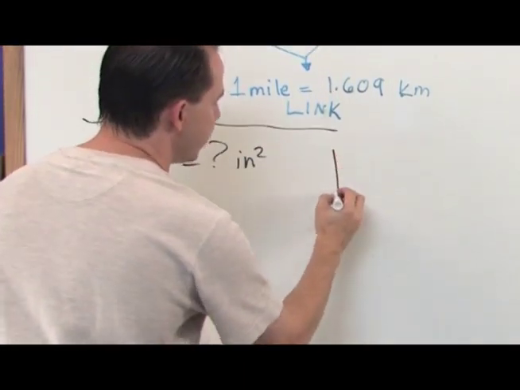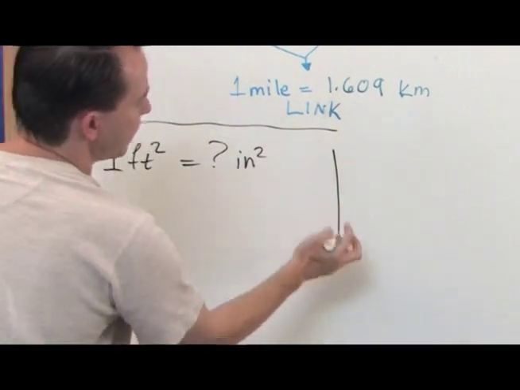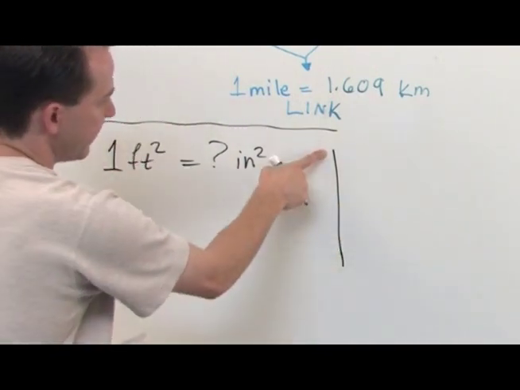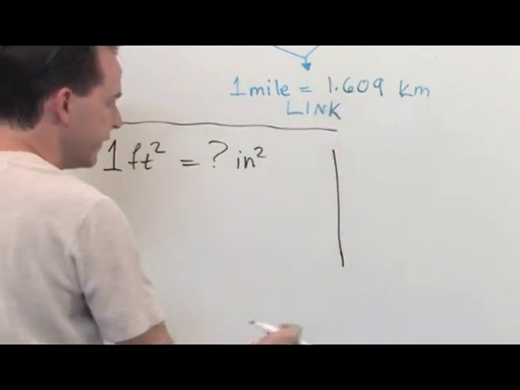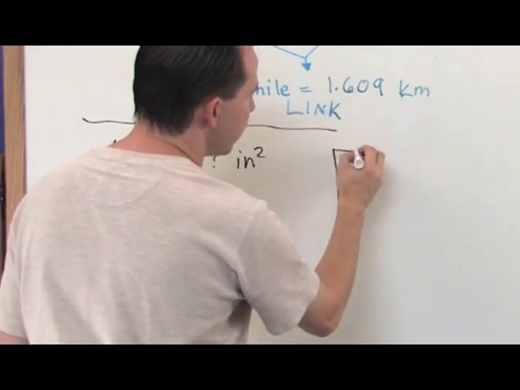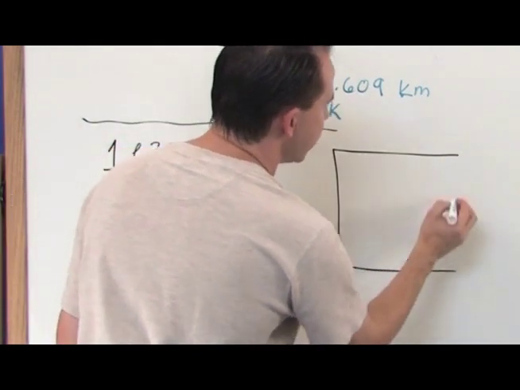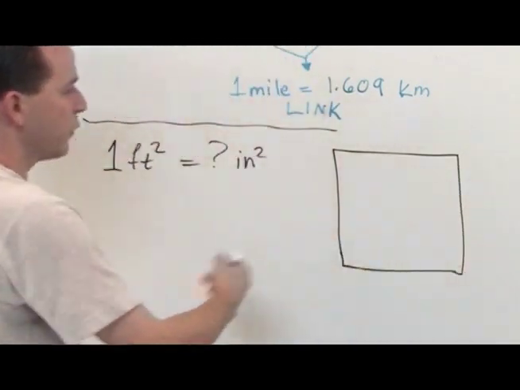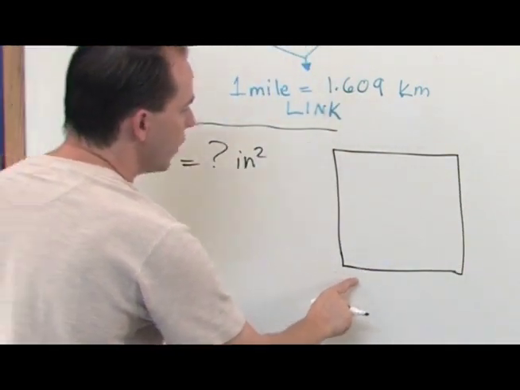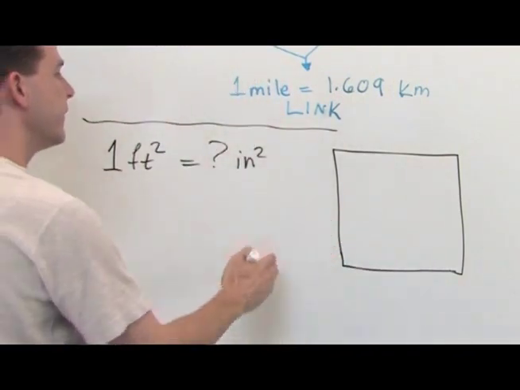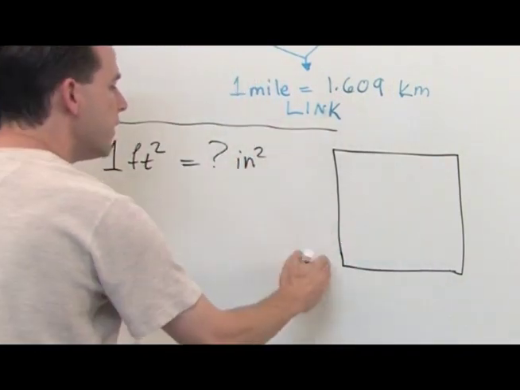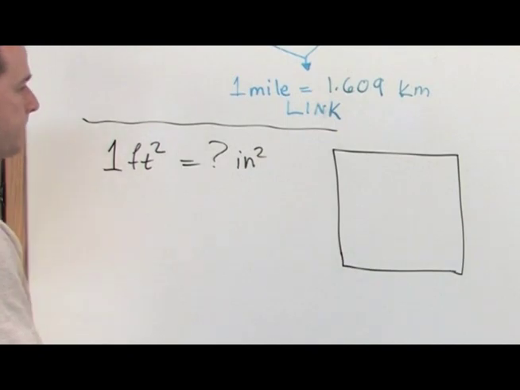This is basically a foot. I haven't measured it with a ruler, but this is about a foot in actual distance I'm drawing here on the board. And this is a foot in this direction, okay? So if I'm going to make a square out of this, this is roughly a square foot. This is 1 foot in this direction, 1 foot this direction. That is what a square foot is. That's exactly what it means. 1 foot on each side, okay?